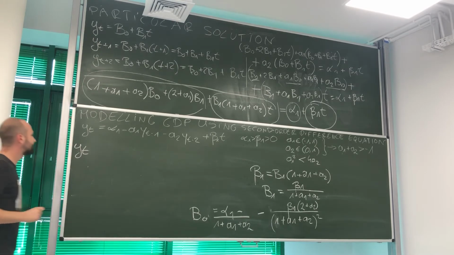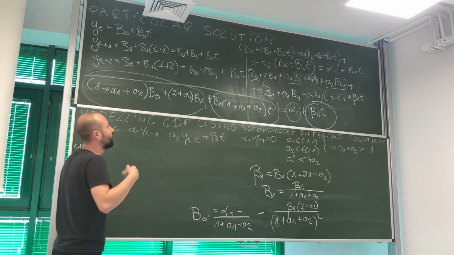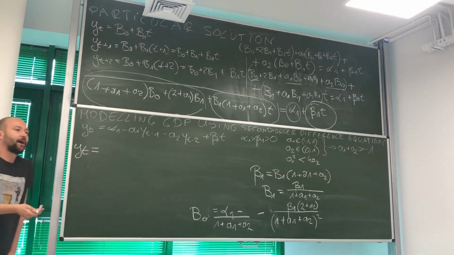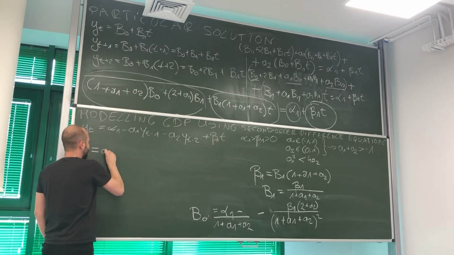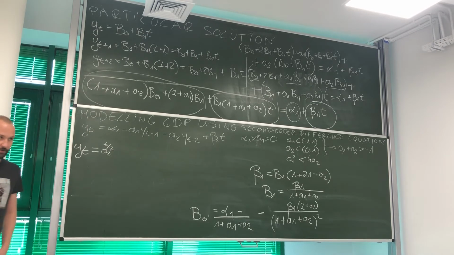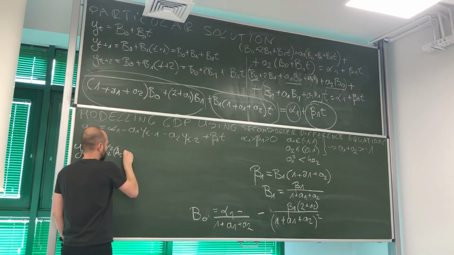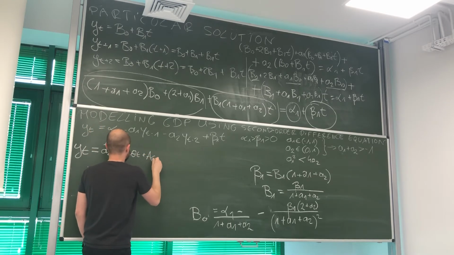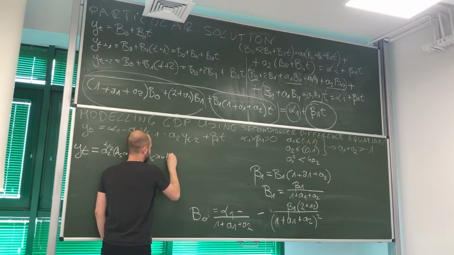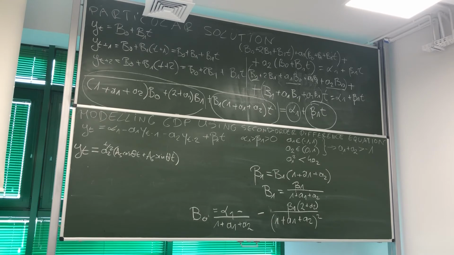GDP at time t is equal to. Okay, we need to, of course, start with the complementary function. So, we had that this is a2 to the power t over 2, right? Times a5 cosine theta t plus a6 sine theta t. Right? This is the first part.